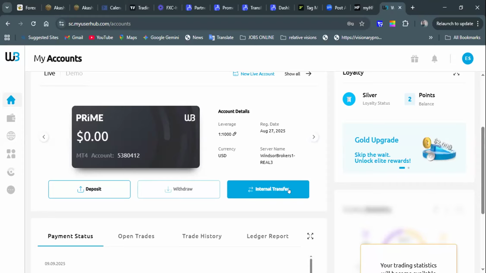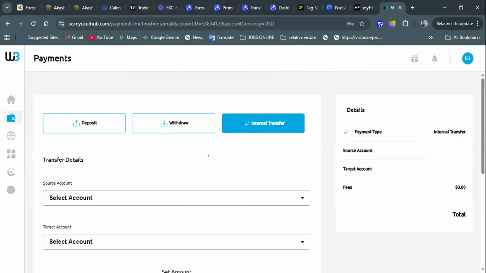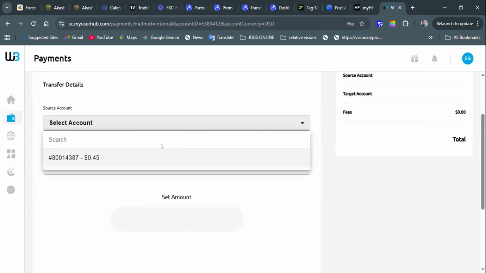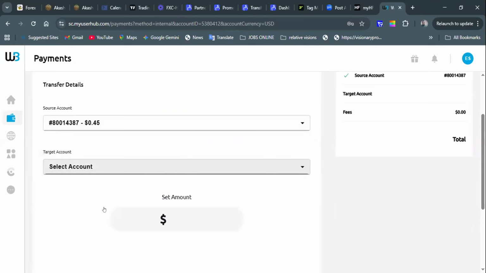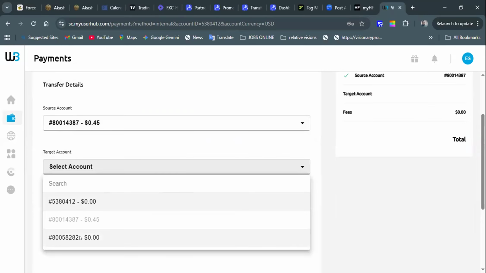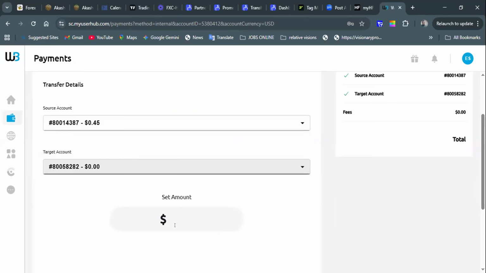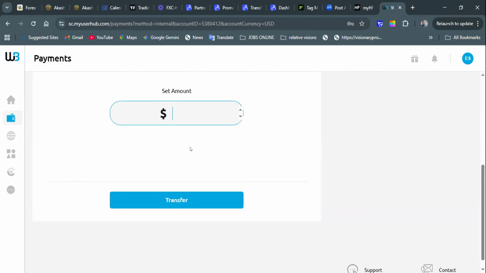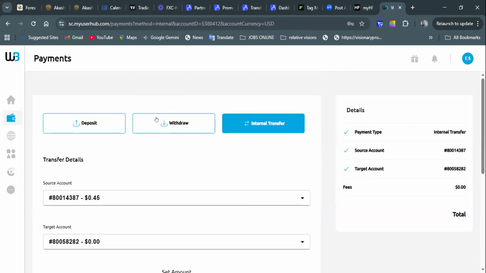Select that ID and do transfer from this account to the next account. Let's say I want to transfer from here and then to the one that has no money. Then I put the amount I want to transfer and I say transfer. All right, so that is how that works.